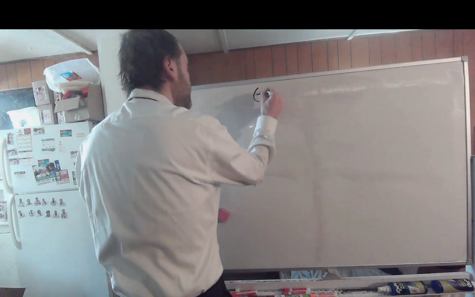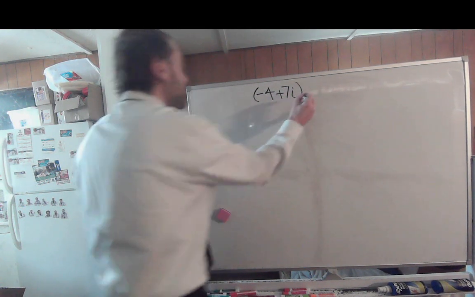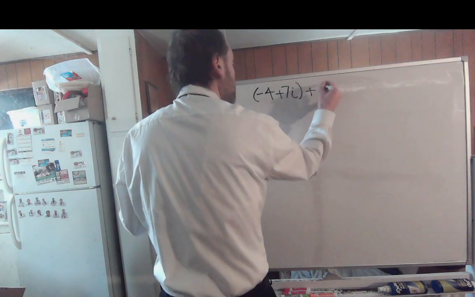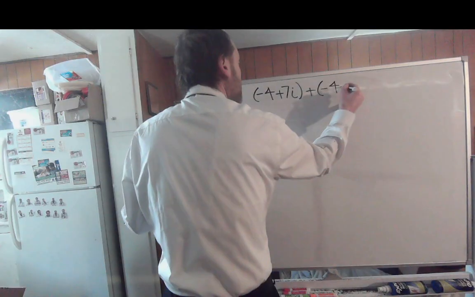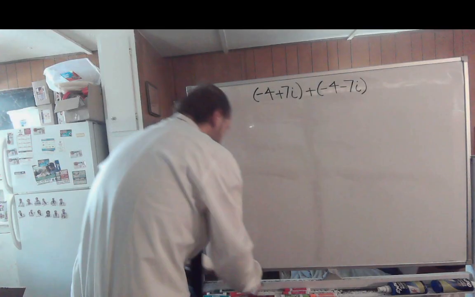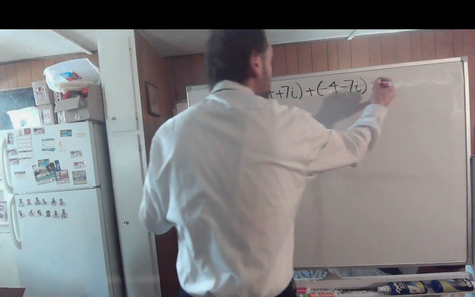Let's see. We have negative 4 plus 7i plus negative 4 minus 7i. So we've been given negative 4 plus 7i plus negative 4 minus 7i.